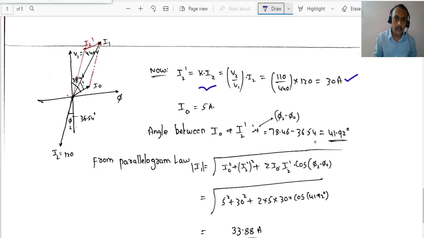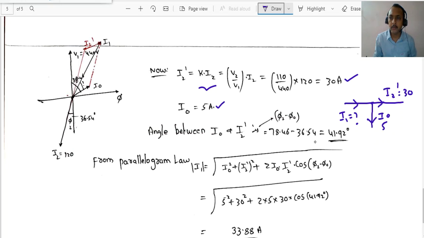Now I0 is 5 amps. So indirectly we came up to here. We want to find this I1. I2 dash we got is 30, and this I0 current is 5 amps.